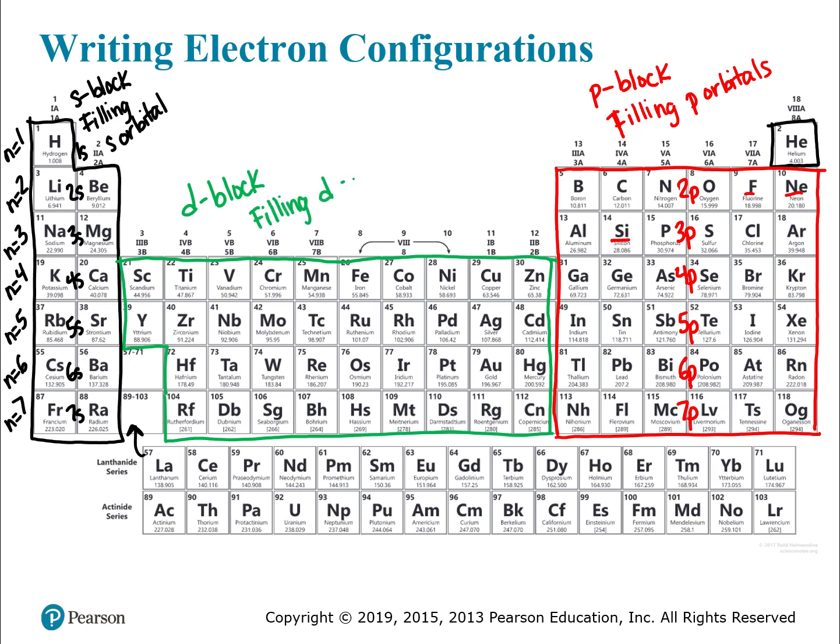You're filling the d orbitals here. And the final block is the F block, which is below the periodic table.